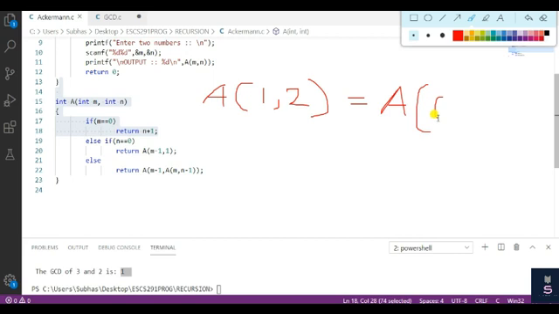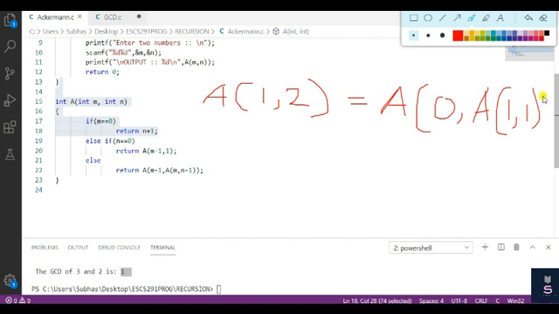So I will write like this: a of 0 comma a of, what is my m? Here the m is 1, and n minus 1 means 2 minus 1, so that is 1.